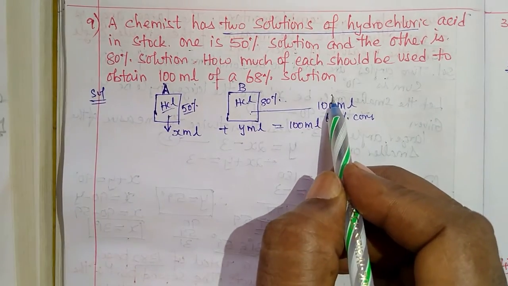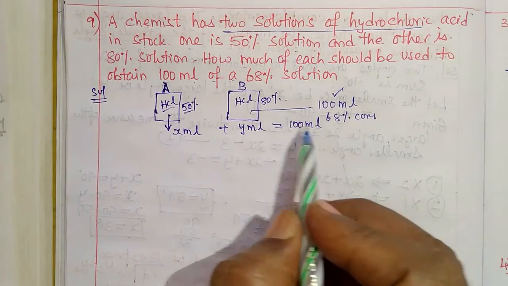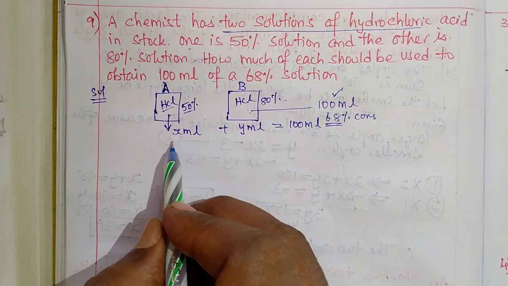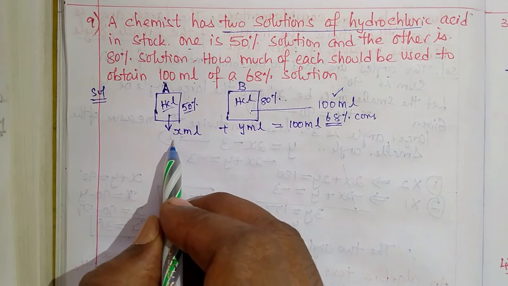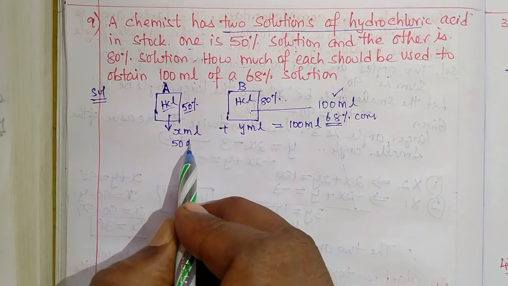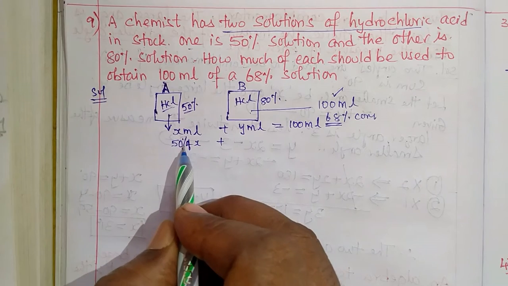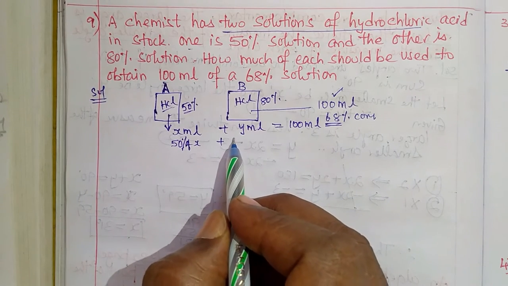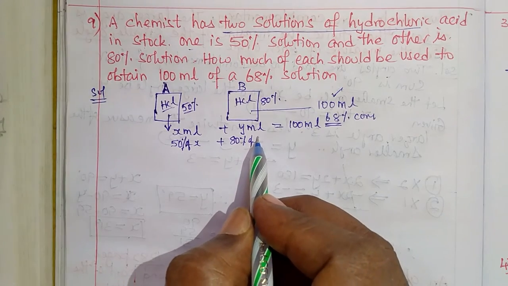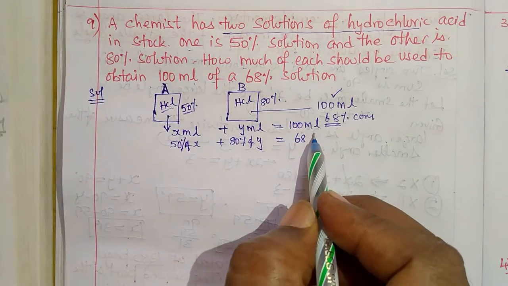So total how much I have to prepare? 100 ml. So what should be the total concentration? It must be 68% concentration. That means I have to take 50% concentration of X solution and 80% concentration of Y ml, and this must give me 68% concentration.